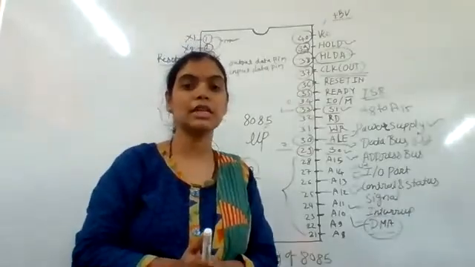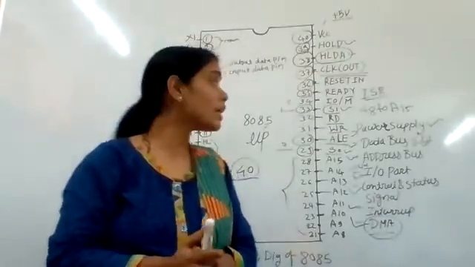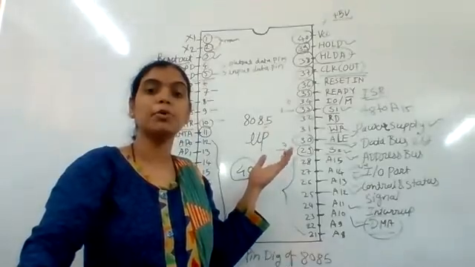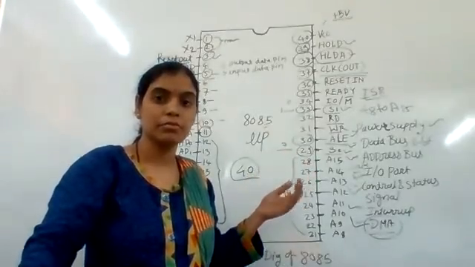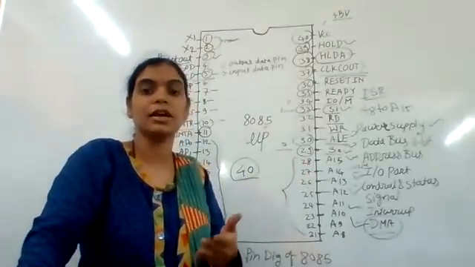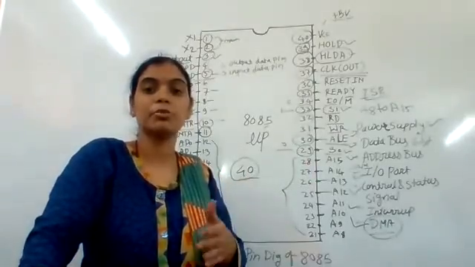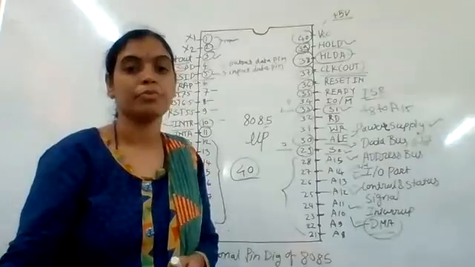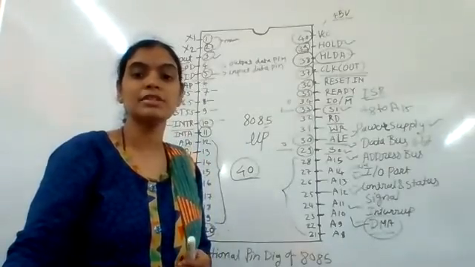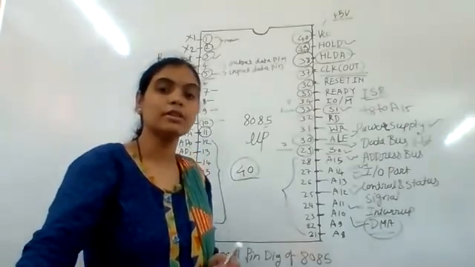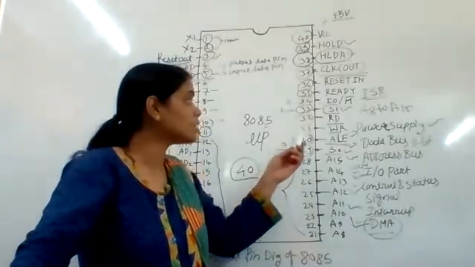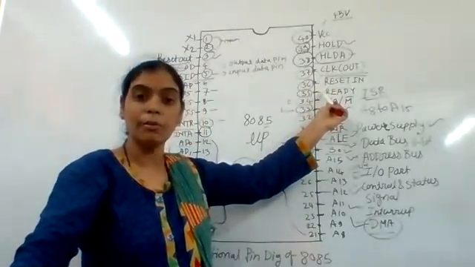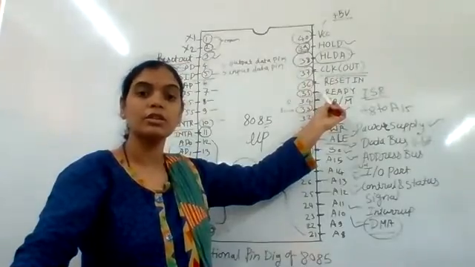So this pin is enabled when the processor as well as the peripheral and memory both become ready to begin the next operation. When the READY pin is disabled, the microprocessor is in a wait state.